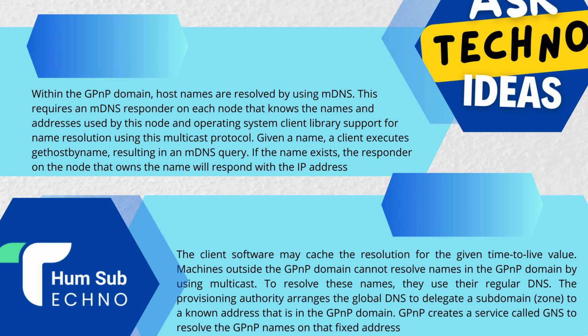If I explain it further, in the GPNP domain, host names are found using MDNS, which needs each device to have an MDNS responder. This responder knows the device name and addresses. The operating system also needs to support MDNS for finding names.